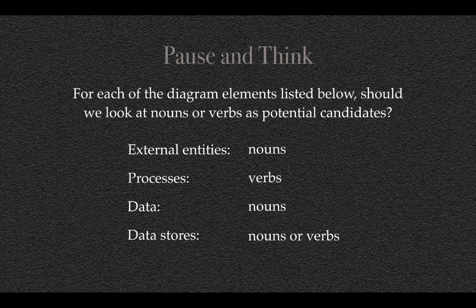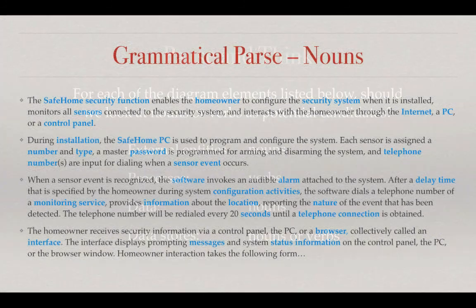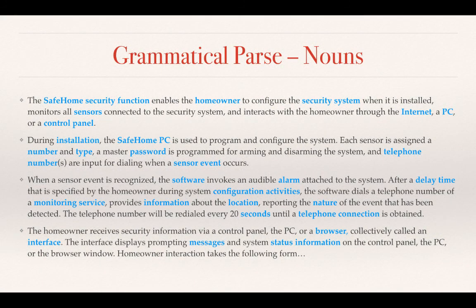Okay, let's take a quick look at the nouns and the verbs in the description of our surveillance function. Remember, nouns can potentially become external entities, data, or data stores. In the first paragraph, homeowner, PC, and control panel look like external entities.